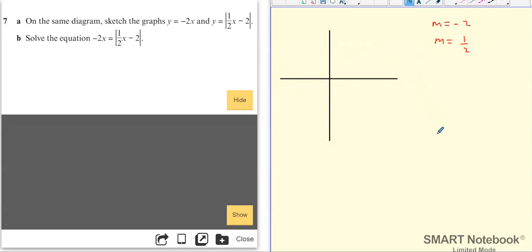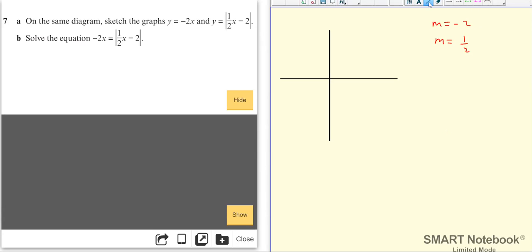Which one is steeper, please? Looking at the gradients of these 2 lines, because one gradient is minus 2, one gradient is 1/2, the steepness is looking at just the size of the number. So minus 2 actually is steeper.